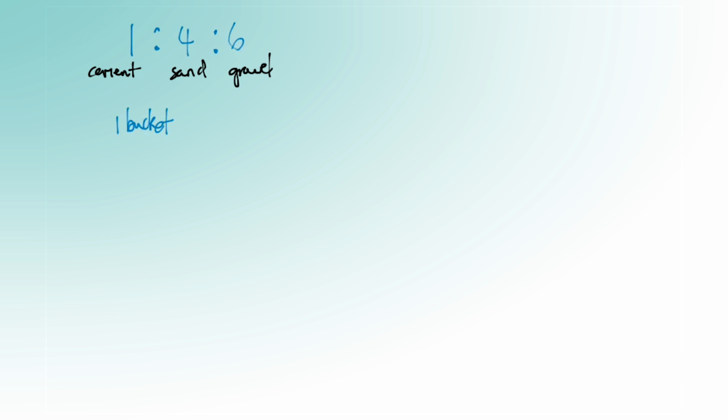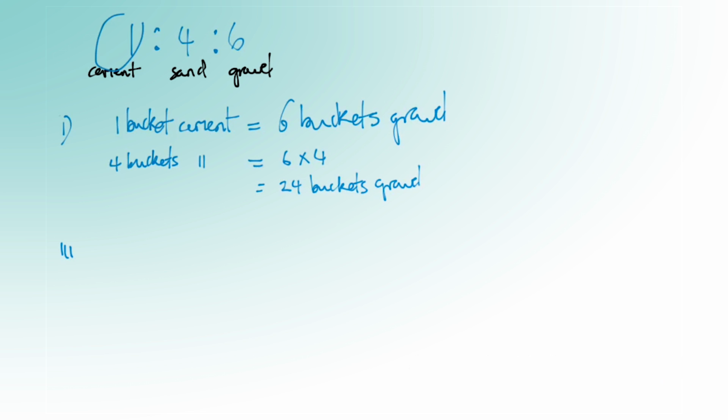If you wanted 1 bucket of cement being 6 buckets of gravel, then it follows that 4 buckets of cement, which is what they ask, will end up being 6 by 4, because it is a 1 to 6 ratio. So 4 buckets will end up being 6 by 4, you understand? Which works out to 24 buckets of gravel.